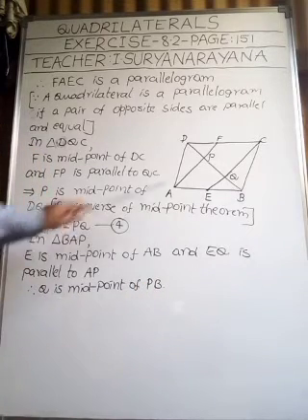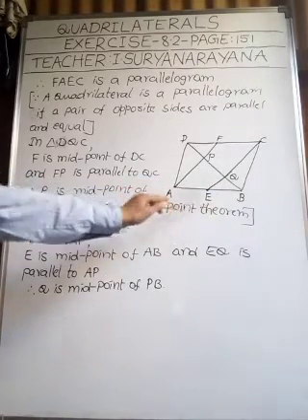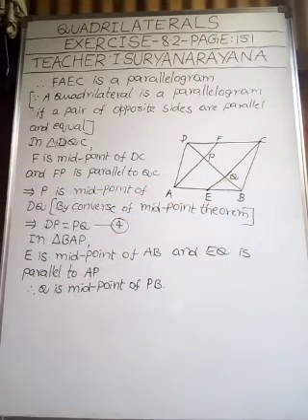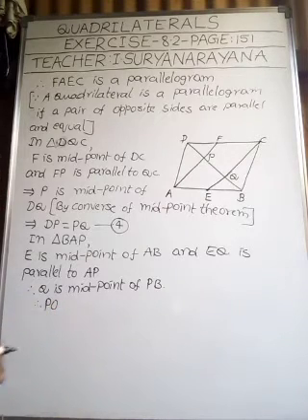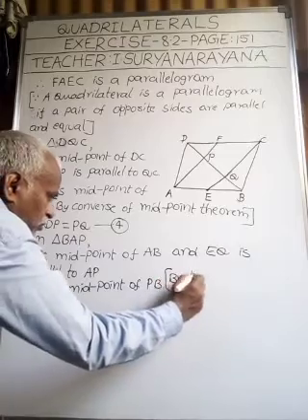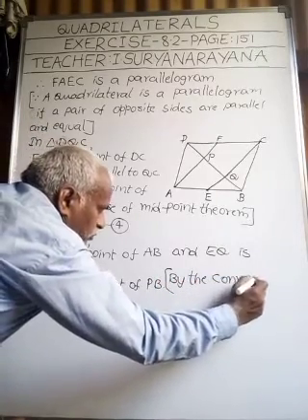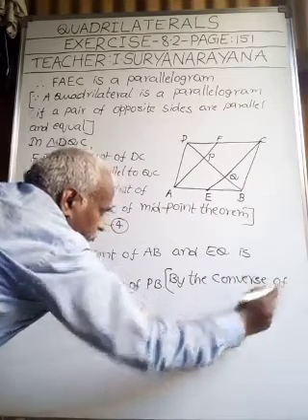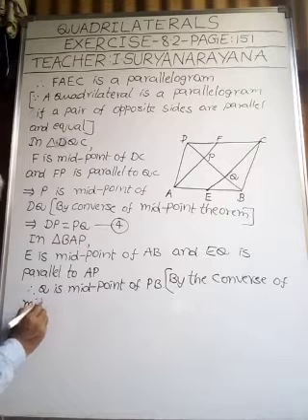Understood this step, right? Since Q is the midpoint of PB, PQ is equal to QB. This is also by the converse of the midpoint theorem.